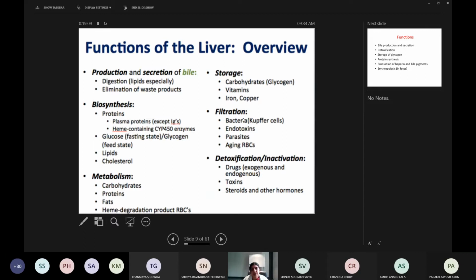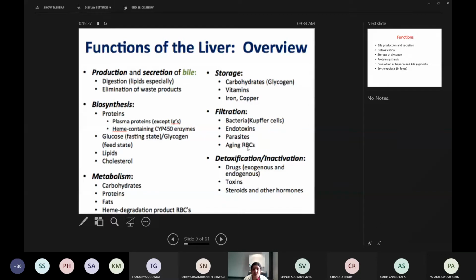Then it has a very important function of filtration. Kupffer cells are going to digest all the bacteria that enter into the liver, many endotoxins, parasites, and aged RBCs. Once 120 days are crossed, all these aged RBCs get filtered and the breakdown products will be reused again.